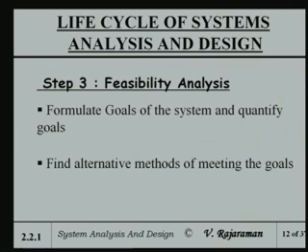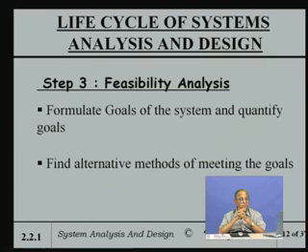So you can have 3 different alternatives and look at the feasibility of each of these. Feasibility means: which priorities does it meet, at what cost does it meet them, is there a cost benefit of the system, and among the 3 alternatives which is the most cost beneficial.